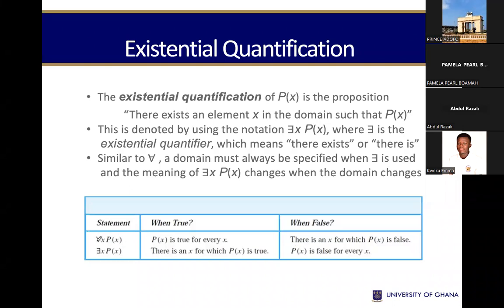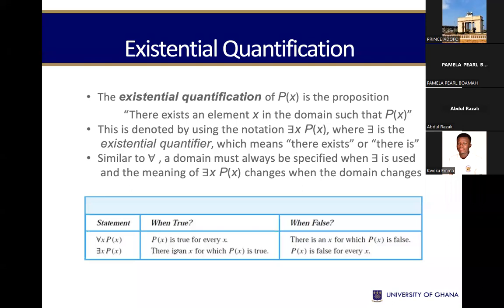So let's look at a comparison between universal and existential. The universal quantifier is true when p of x is examined for every x in the domain. That is when we can say that for all x, p of x is true. Existential is true when we have been able to get one of the x's in the domain that makes p of x true.